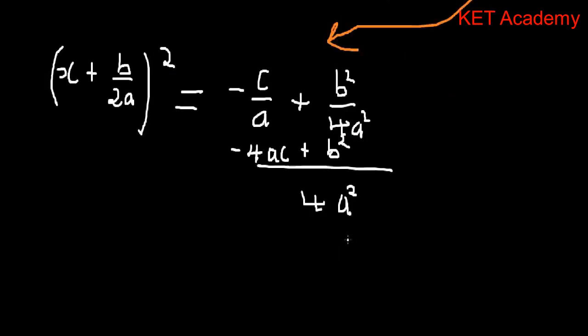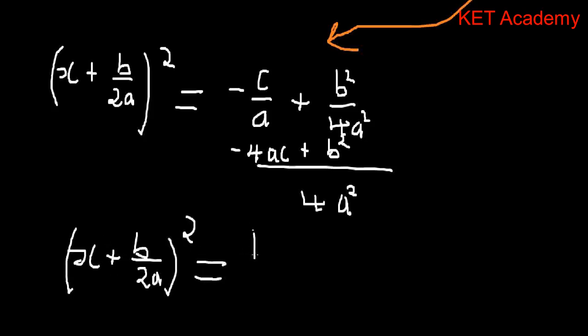So we have to rearrange the function. We are going to have x plus b all over 2a, now all that squared, to give us b squared minus 4ac all over 4a squared.